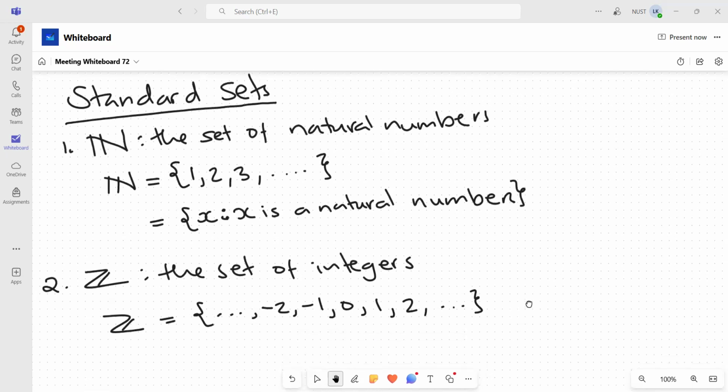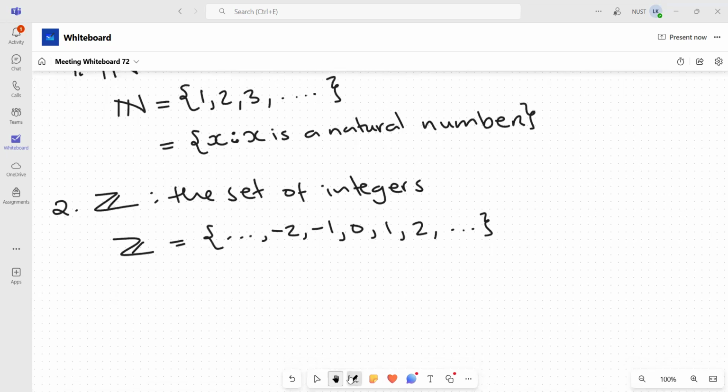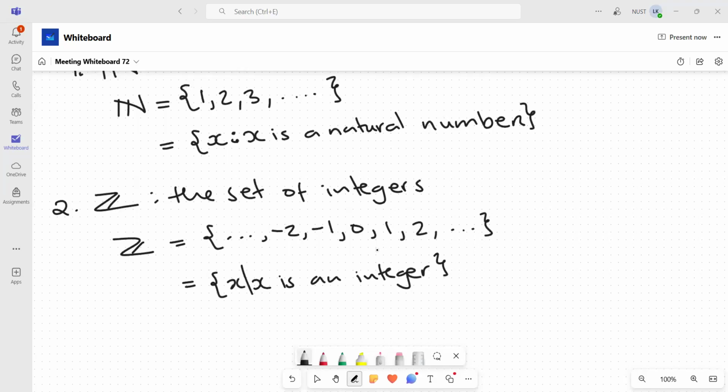The second way that we can also denote this set of integers is x such that, and sometimes you will see we use the colon, or a line here, such that x is an integer. So these are the two ways of denoting this set.